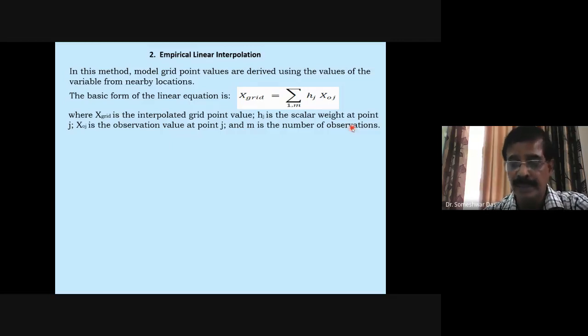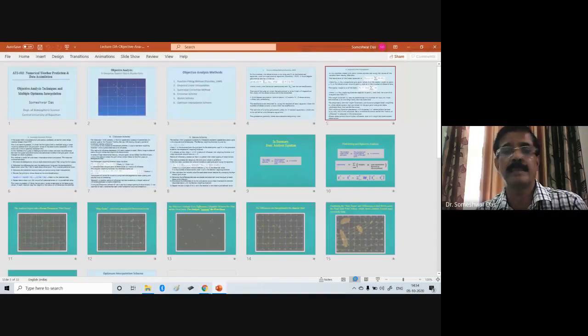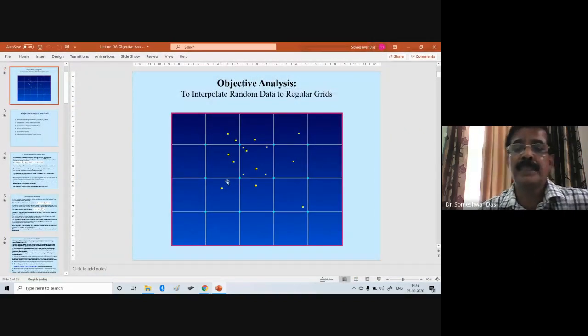So it is up to us how many observations we should consider, or how far away from the point of interest we should go. For example, let me go back to the diagram that I showed you earlier. Suppose we are trying to interpolate the observation at the grid point.